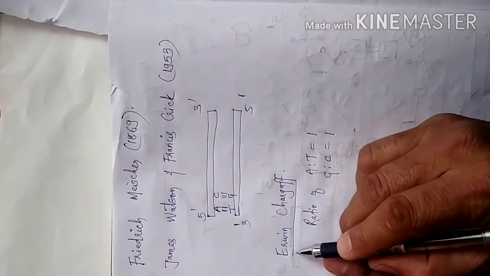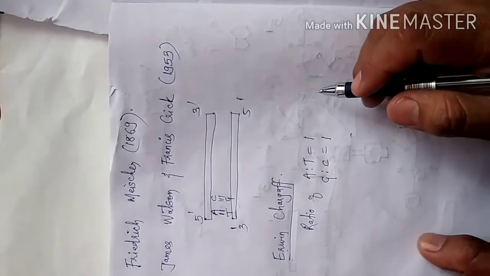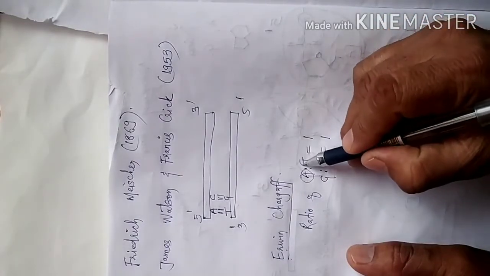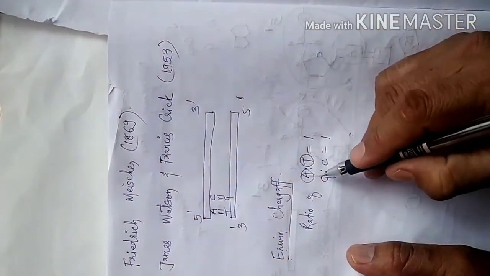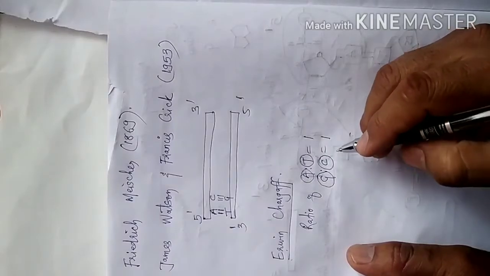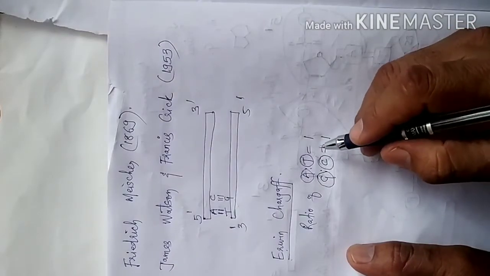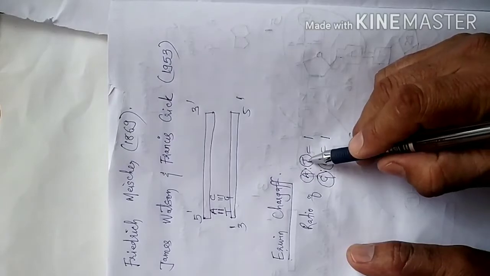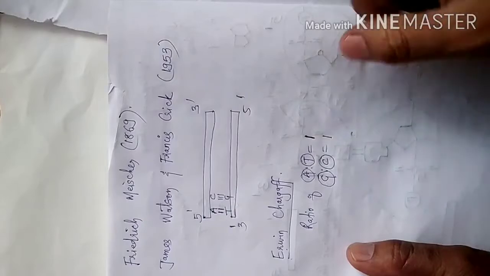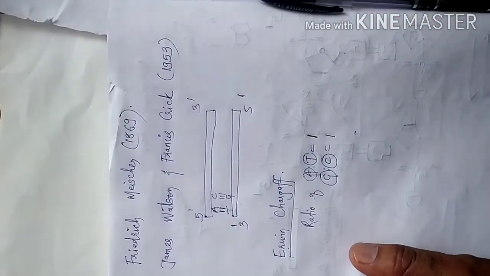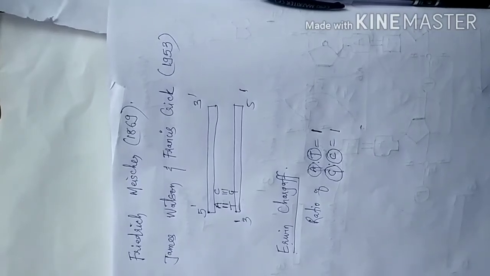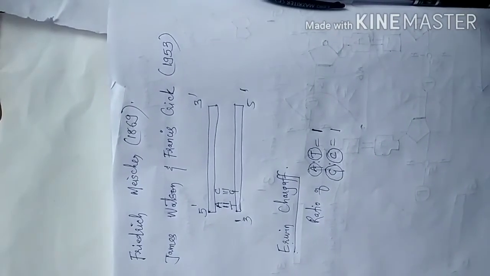He studied the ratio of the nitrogenous bases, and it was found that the amount of adenine is always equal to the amount of thymine. Also, the amount of guanine was always equal to cytosine, and therefore he put forward the idea that adenine should bond with thymine. Only in that case would the ratio be equal to 1. So A to T is always equal to 1, and G to C is always equal to 1. This was also known as Chargaff's rules.